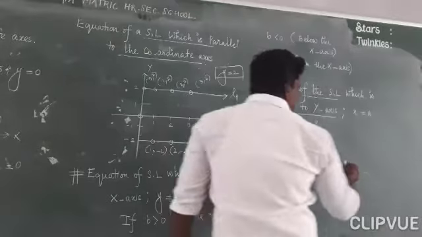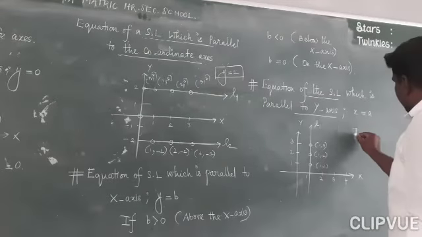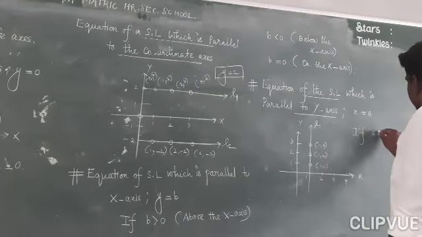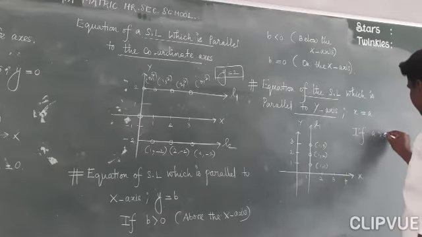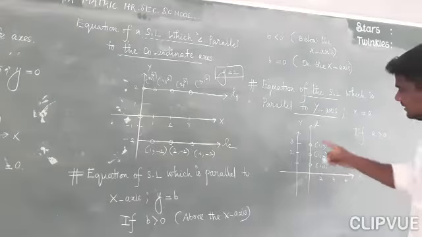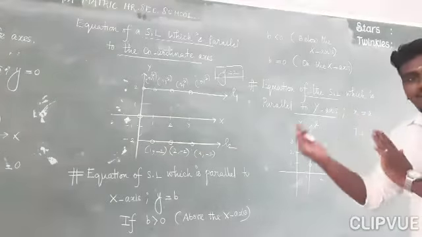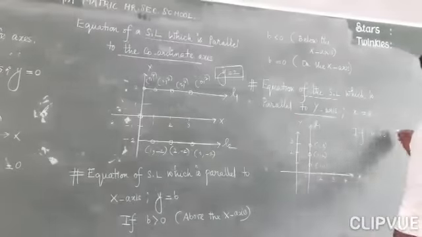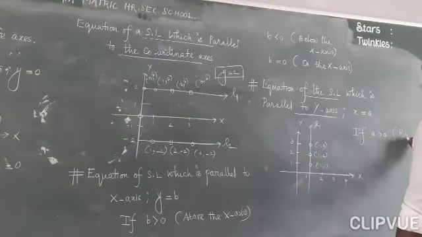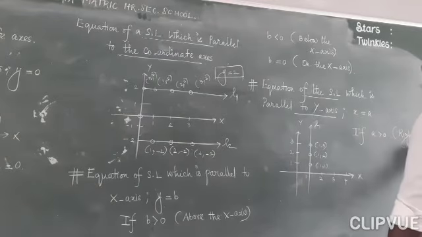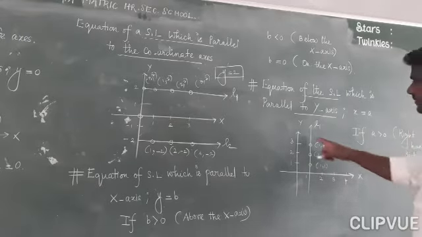If a is greater than 0, the straight line lies on the right hand side of the y-axis.